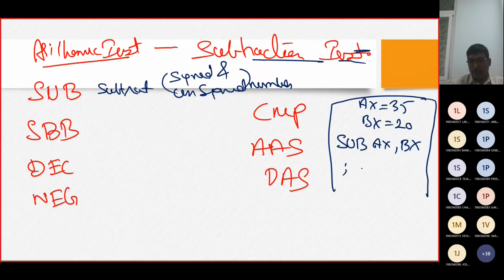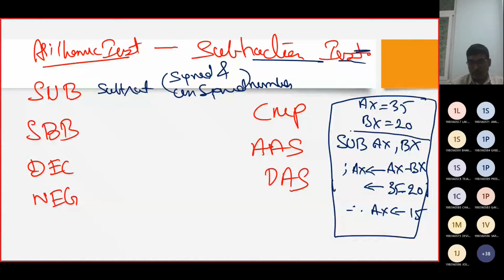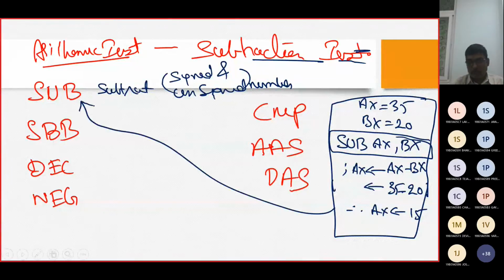In the comment section, we can write accumulator is equal to accumulator minus BX, the base register. AX value was 35 and BX value was 20, therefore AX is equal to 15. In this way, the subtraction between the accumulator and the base register works.